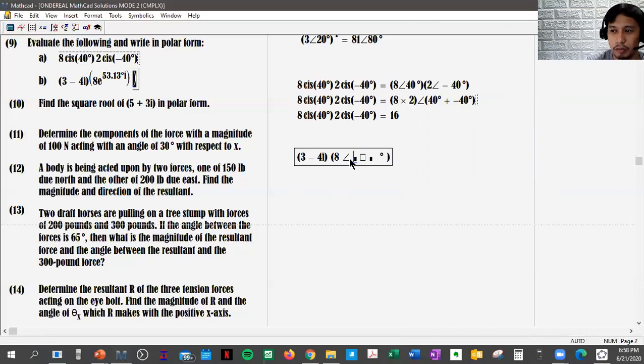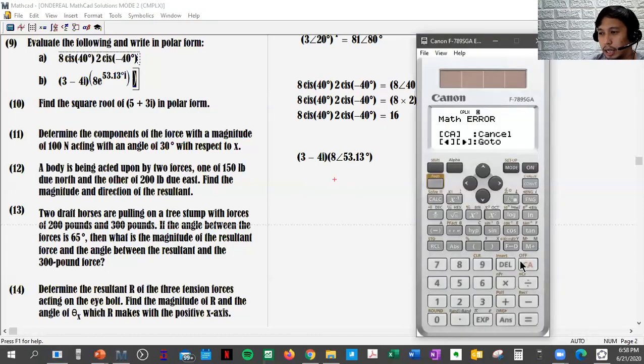So yan lang yung evaluate natin sa calculator. So trying that, 3 minus 4i then times 8 angle 53.13 degrees.